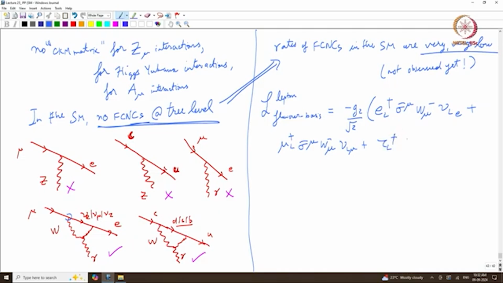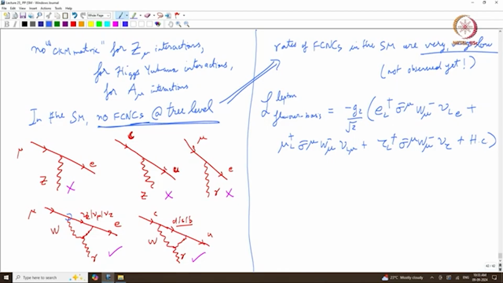So, these are all daggers, not plus. Sigma bar mu W mu, but this is a minus. And this, am I missing something here? Yes, I am. That is the Hermitian conjugate. Lagrangians are real.